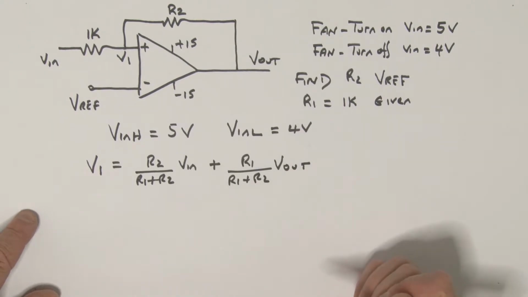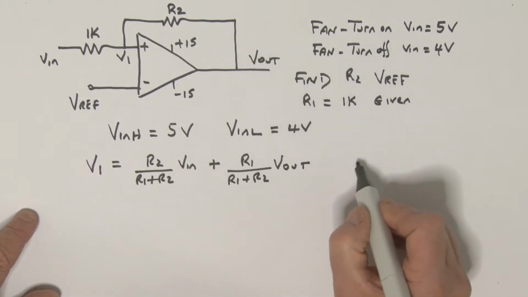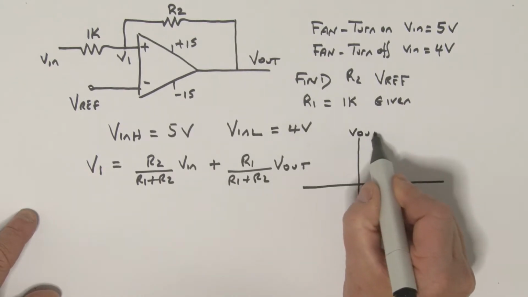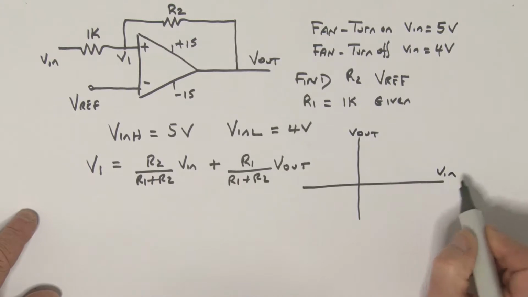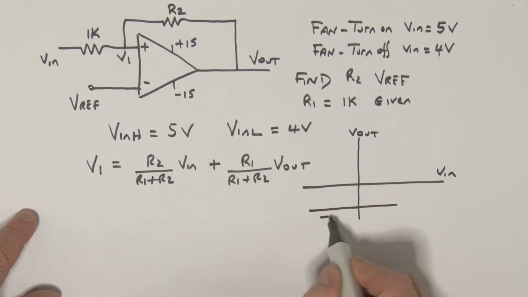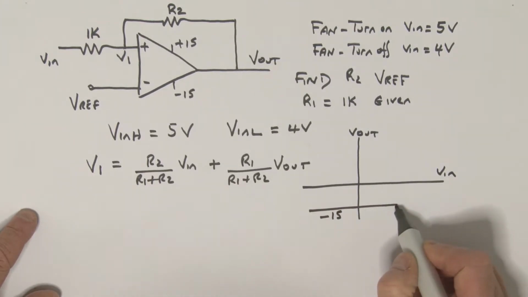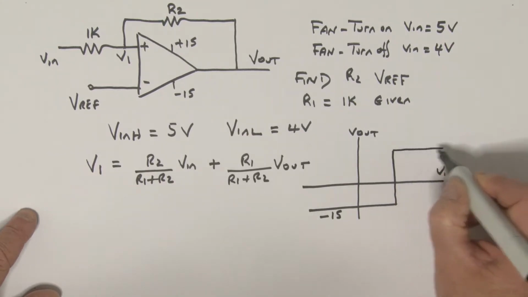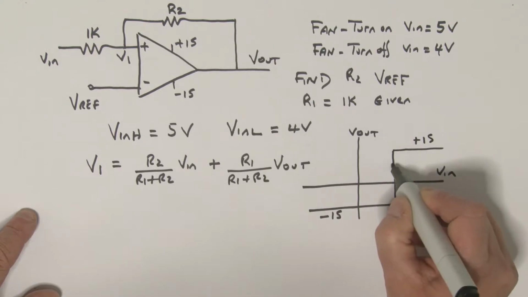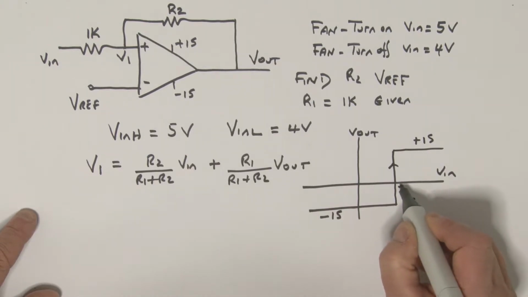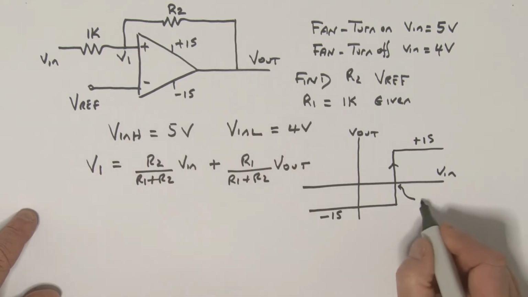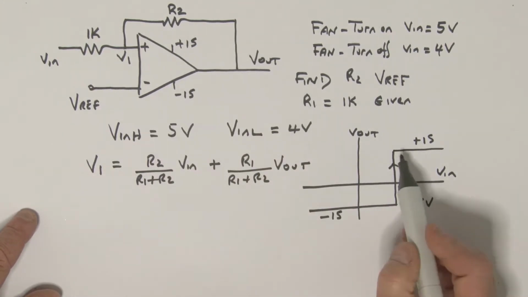Let's show the graph of V out versus V in. We start here at minus 15, and we switch to a plus 15 when the input has reached V in H, which is 5 volts.